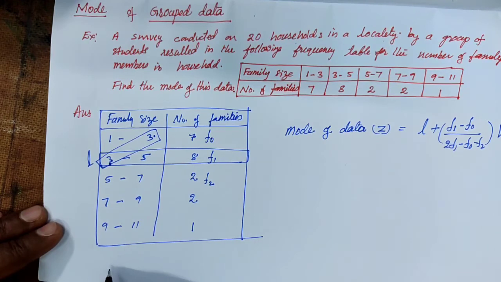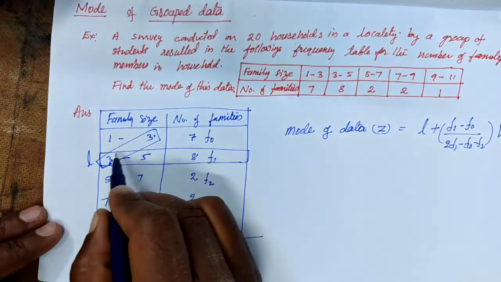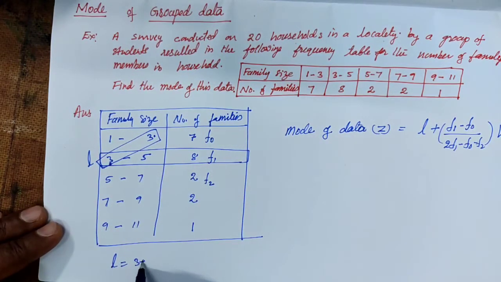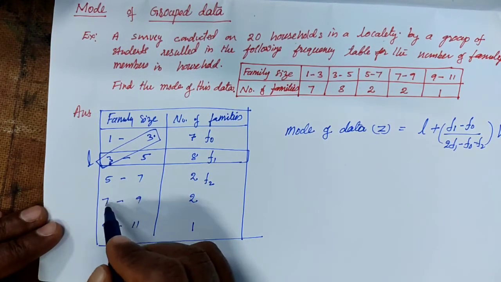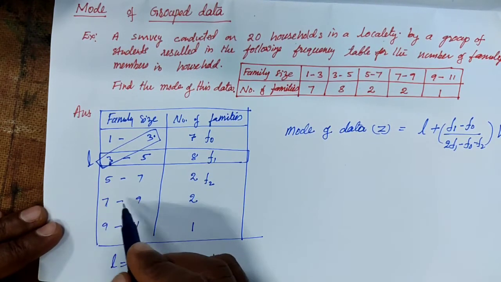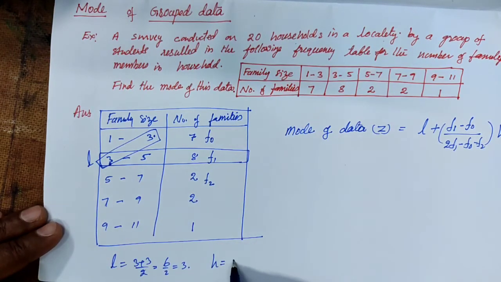Here the lower limit L is the average of this one and this one. So 3 plus 3 by 2, which is 6 by 2, is equal to 3. And H is the difference between these lower boundaries or between these upper boundaries, so H is 2 here.